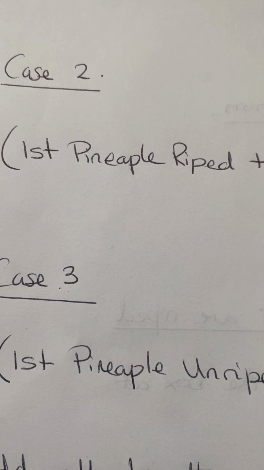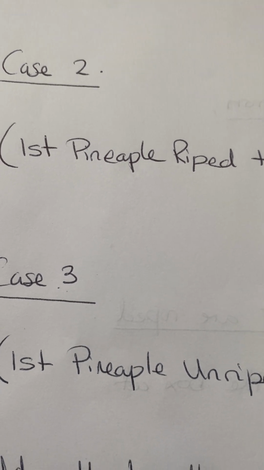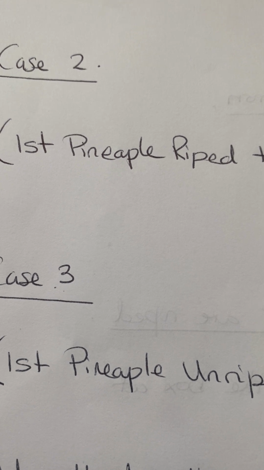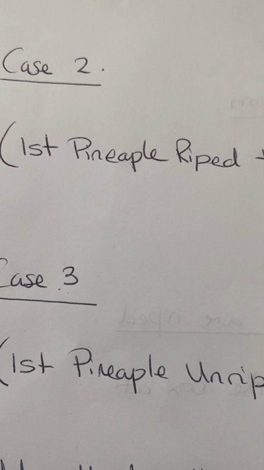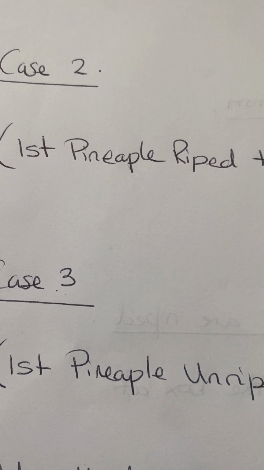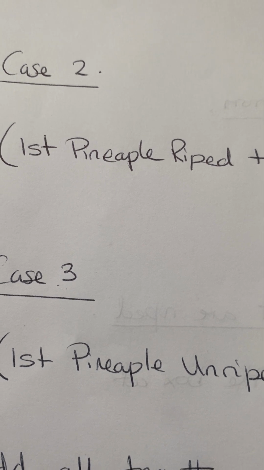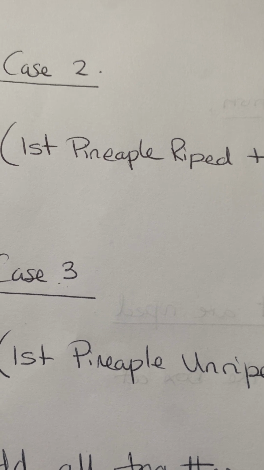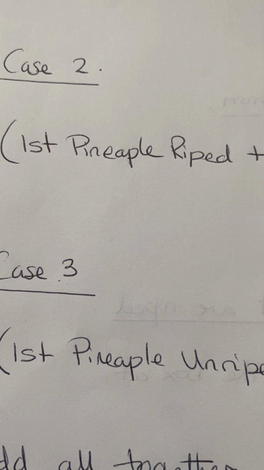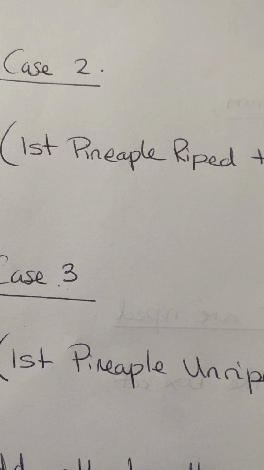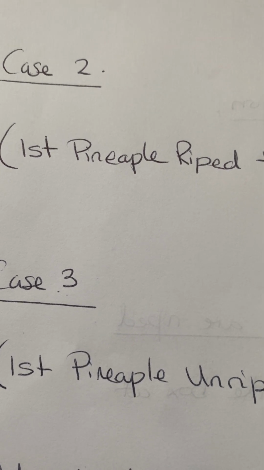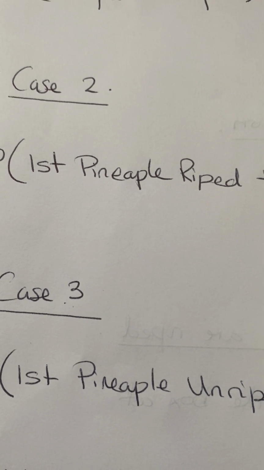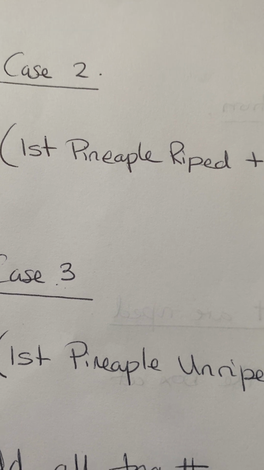Assuming you picked the first one and it's unripe, you have 5 unripe, so you have 5 over 9. If you go back and now you pick a ripe one, it will be 4 over 8, because you are left with 8 in the box and there are still 4 ripe ones.